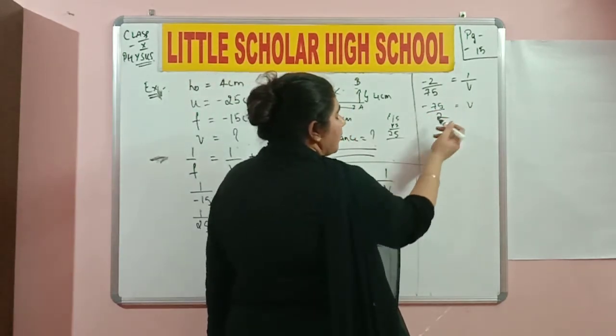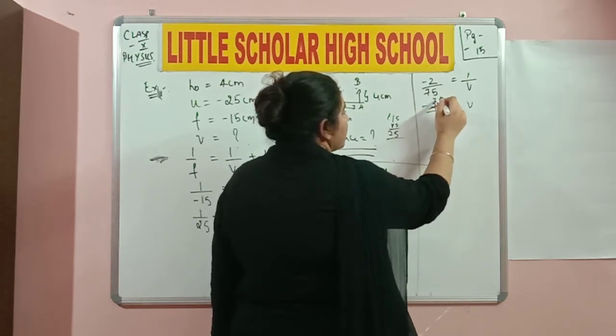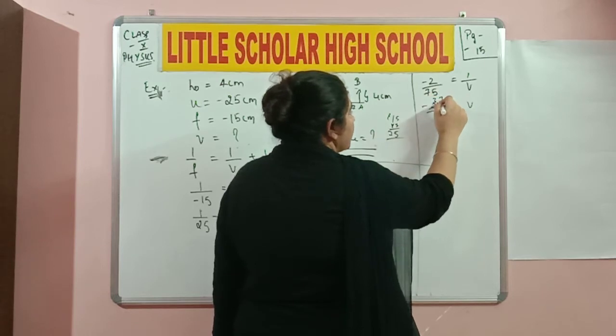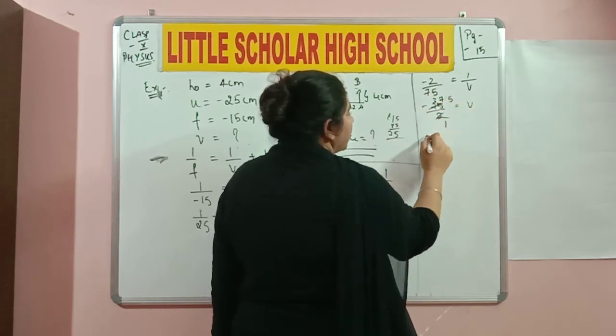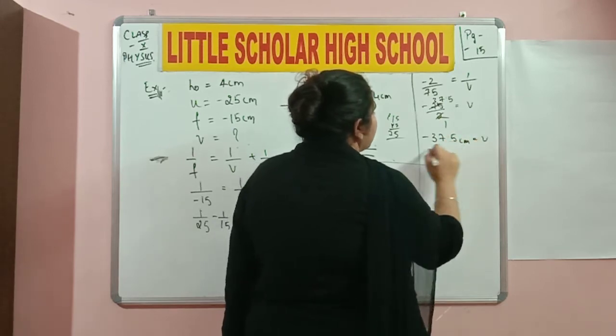So now what is 75 by 2? 2 threes are 6, 2 sevens are 14. That gives me approximately minus 37.5 centimeters is equal to V.